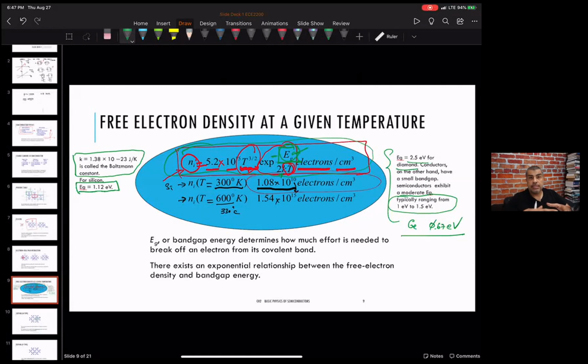So if you implant 1 times 10 to the 15 phosphorus atoms in that centimeter cubed, you end up with a donor concentration, an excess electron concentration, of 1 times 10 to the 15. For a p-type material, same thing: because you have a lack of the valence electron, if you implant boron into that silicon, for every boron atom you get an extra hole. Does that make sense? Mm-hmm.